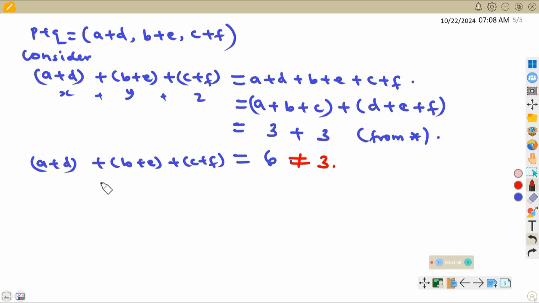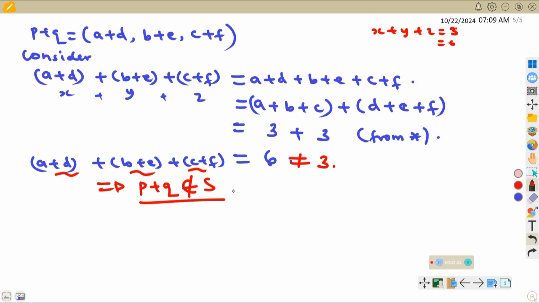So clearly, the components of P plus Q do not satisfy the condition that X plus Y plus Z is equal to 3. Instead, they satisfy it being equal to 6, where 3 is not equal to 6. So we conclude that P plus Q is a vector which does not belong to S.